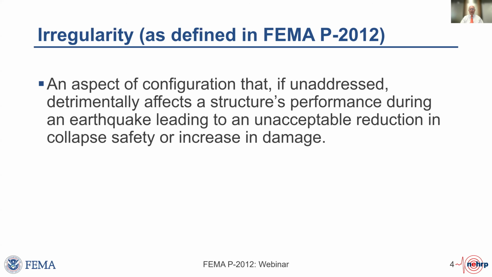So the definition that we settled on after careful consideration by the project team for an irregularity is an aspect of configuration that, if unaddressed, detrimentally affects the structure's performance during an earthquake, leading to an unacceptable reduction in collapse safety or increase in damage. And we're going to talk about some of those specific words that we crafted in order to manage the way that the project would go forward.